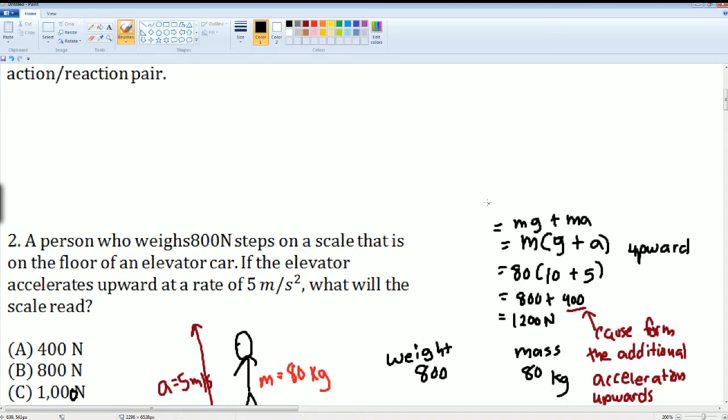Then you would have minus mg equals ma, which comes from force of gravity minus force normal.